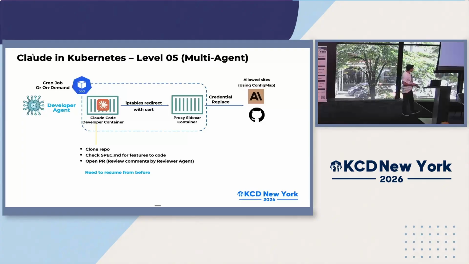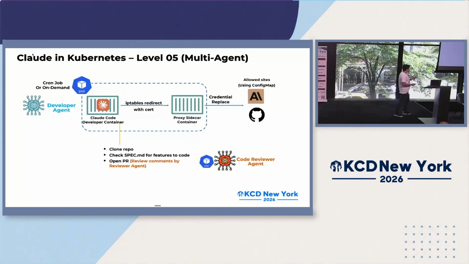So what that means is we don't want the agent to forget what it did before, right, for a developer agent. So we need to resume from before. So what does that mean? It means we need to put memory. I mean, in GenAI, we have this tendency of coming up with fancy names, like harness is basically code, right?